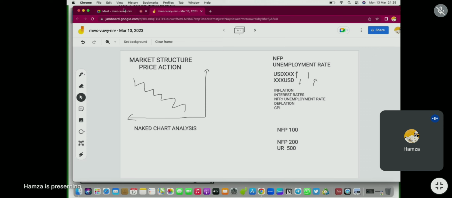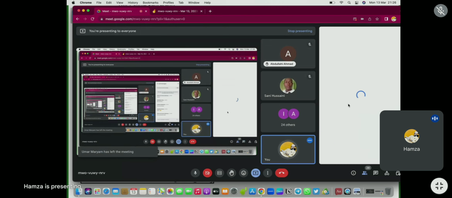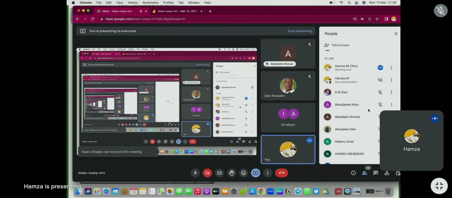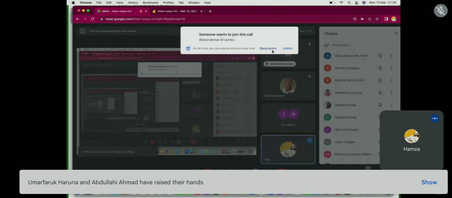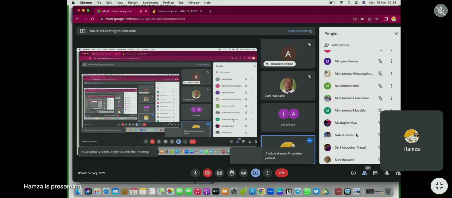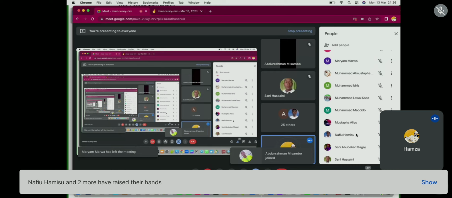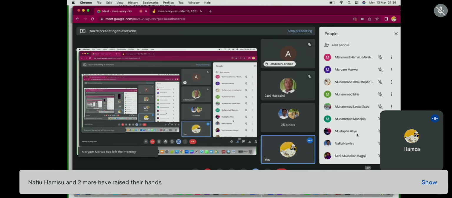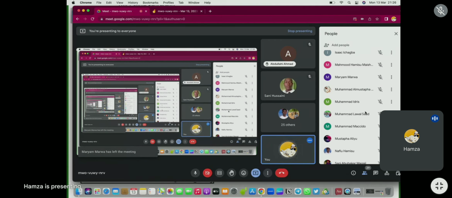Now, what happened was, let me choose a single person to unmute his mic. Let's do this together. I want to know if you guys are following. Let me see. Whom will I choose? Muhammad Lawal.